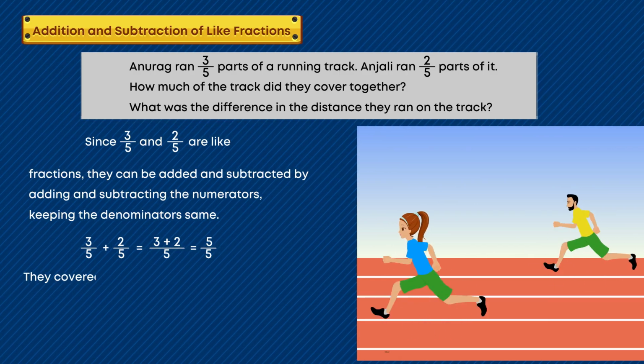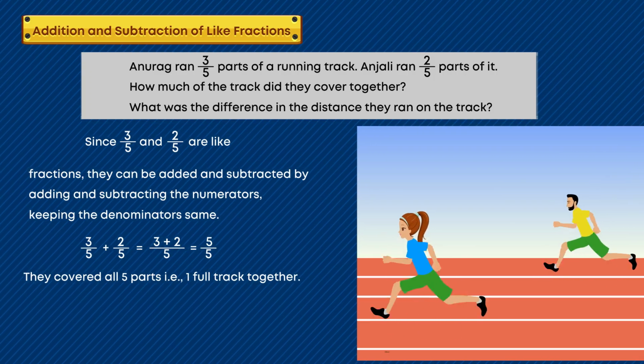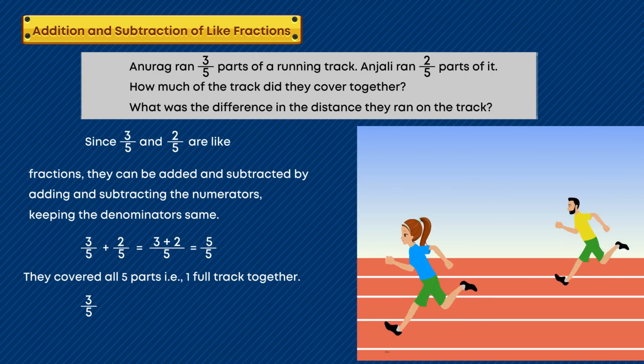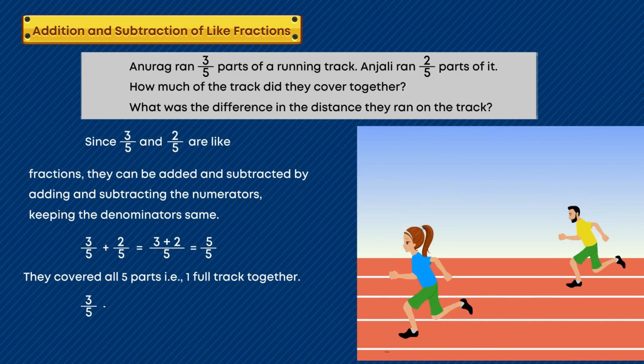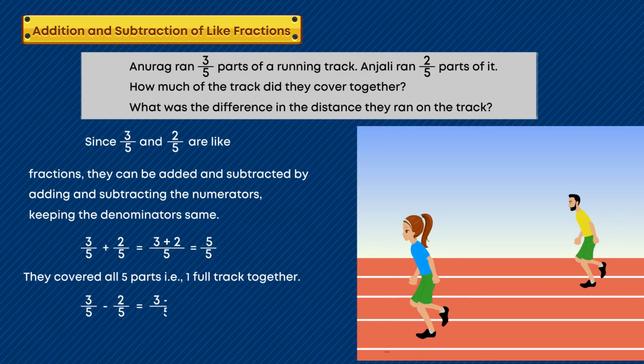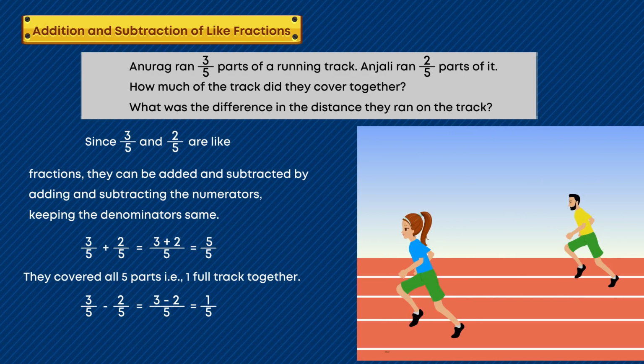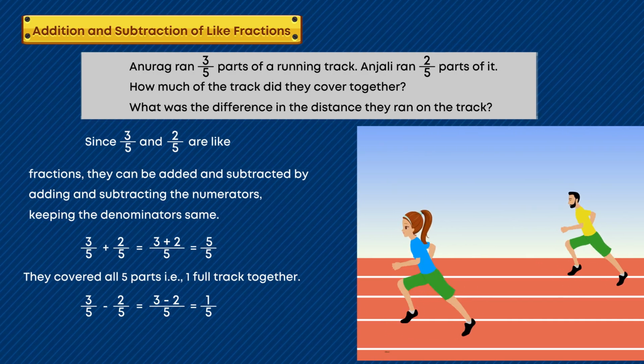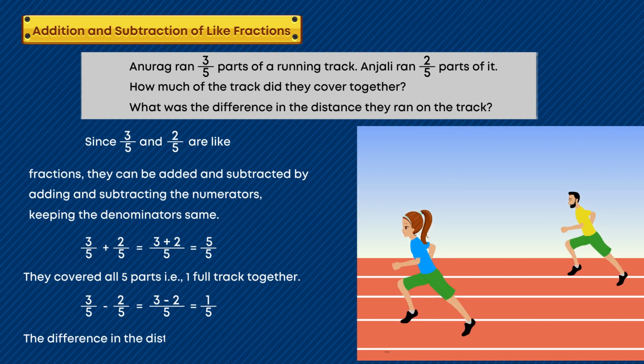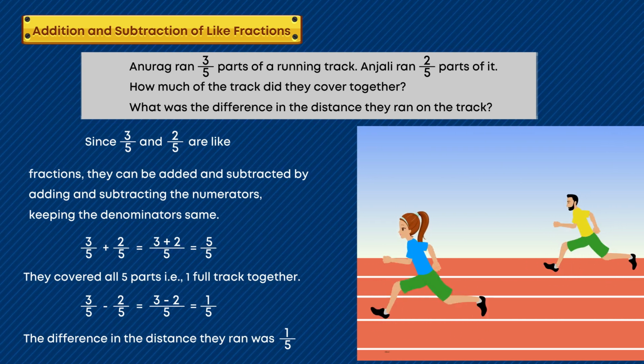They covered all 5 parts, that is, one full track together. 3 by 5 minus 2 by 5 is equal to 3 minus 2 by 5 is equal to 1 by 5. The difference in the distance they ran was 1 by 5.